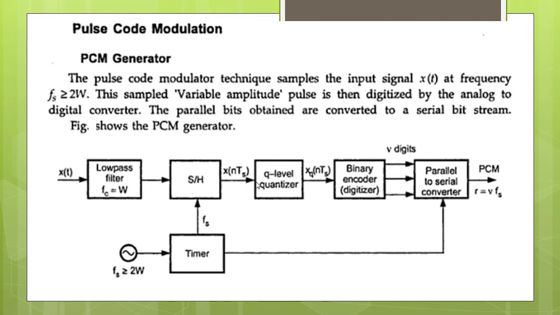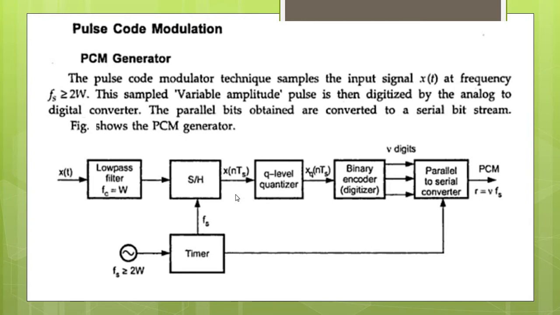Then we have a Q level quantizer. The purpose of the quantizer is to round up the amplitude values of this signal X of nTs to its nearest integer form. Suppose the value of a sample at the input of this Q level quantizer is 1.2. What does this quantizer do? It will round this 1.2 value to the nearest integer.